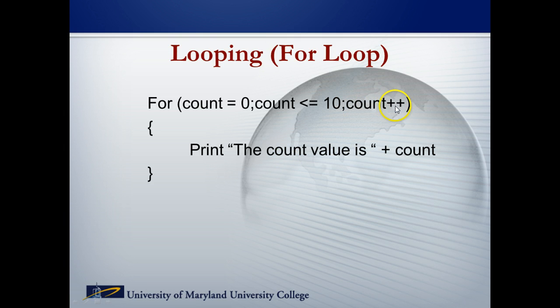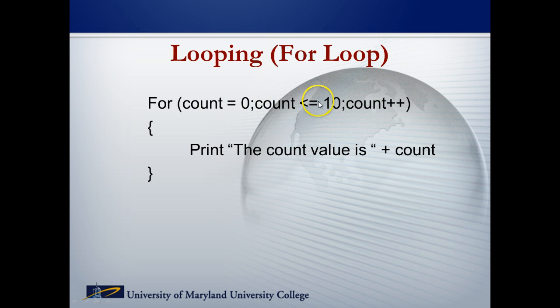But it increments that to 1, executes the guts, and comes back up here and says, okay, is count less than or equal to 10? And right now it's 1, so it is less than or equal to. So it does that 10 times, and notice that on the 10th time, the value of count is actually going to be 9, because we started at a value of 0.